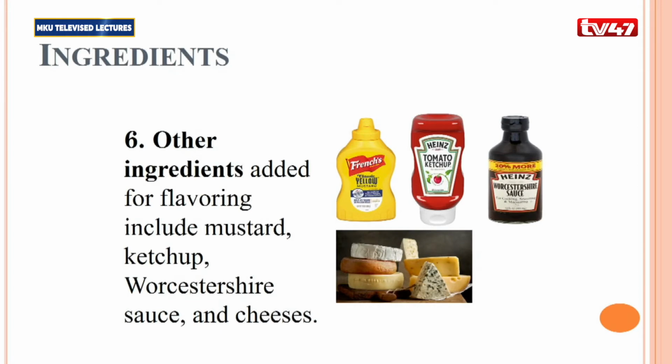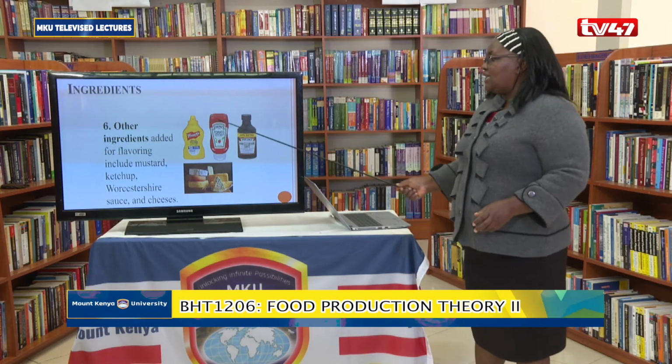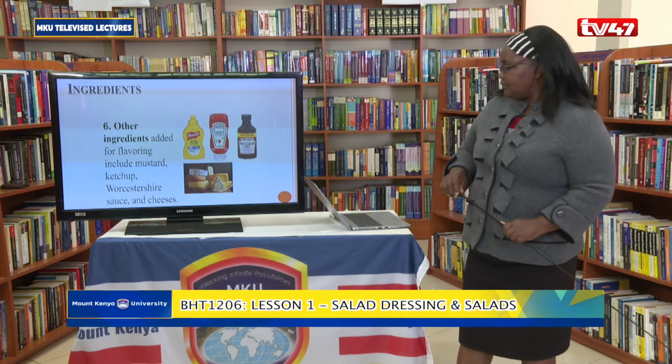Because when you prepare the vinaigrette, basically the oil and the vinegar separate. But if you want it to become stable, then you use the mustard, because you're not going to use the egg yolk. But when it comes to mayonnaise, we use the egg yolk. So these are additional ingredients that you can use.